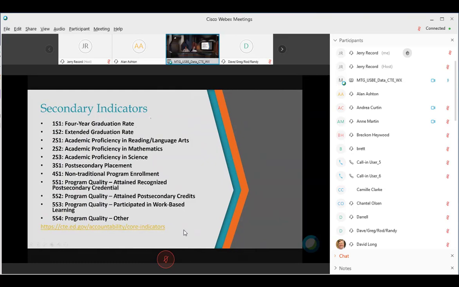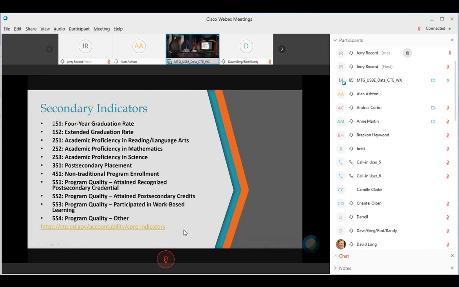Okay, these are the new indicators, and they're quite a bit different than last year. A lot of them are the same, but the numbering is different. So 1S1 this time would be a 4-year grad rate rather than language arts achievement.